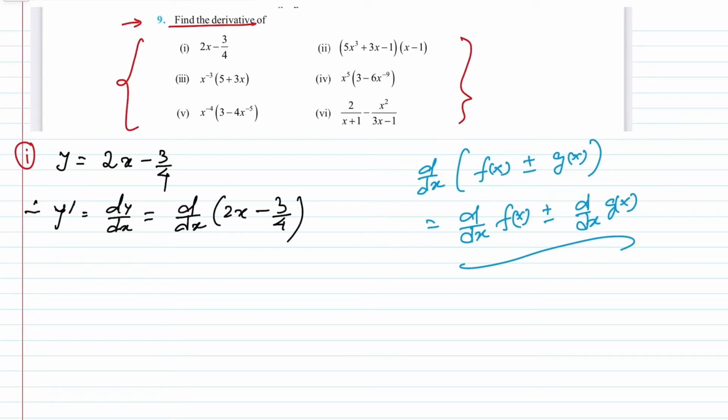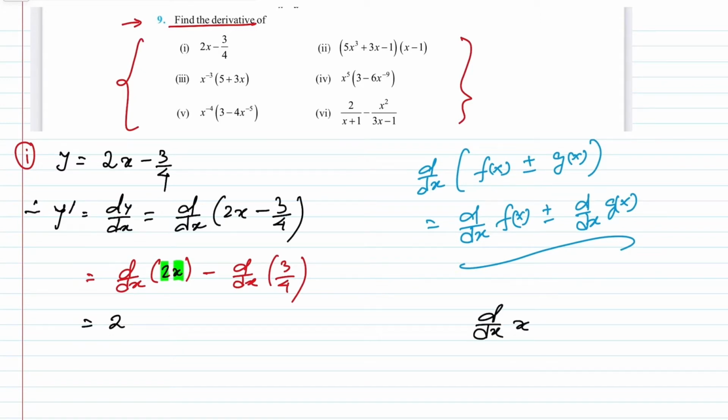So here we can find derivative of 2x minus derivative of 3 by 4. Here you see this is constant 2 and there is x, so 2 will be taken outside, and for derivative of x, apply the standard derivative d/dx of x to the power n, which is equal to n into x to the power n minus 1.